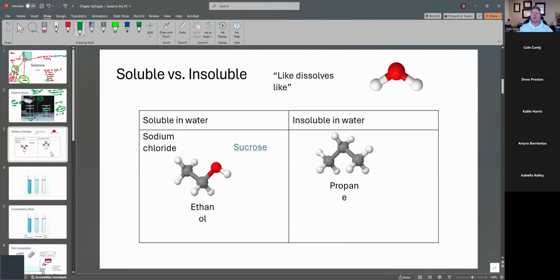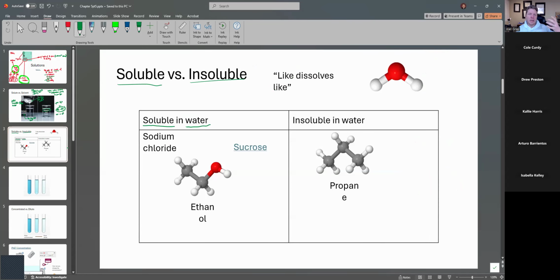So when we talk about solutes and solvents, we want to be familiar with the terms soluble versus insoluble. Now, if something is considered to be soluble, we're going to put it in some context. Like here, soluble in water.